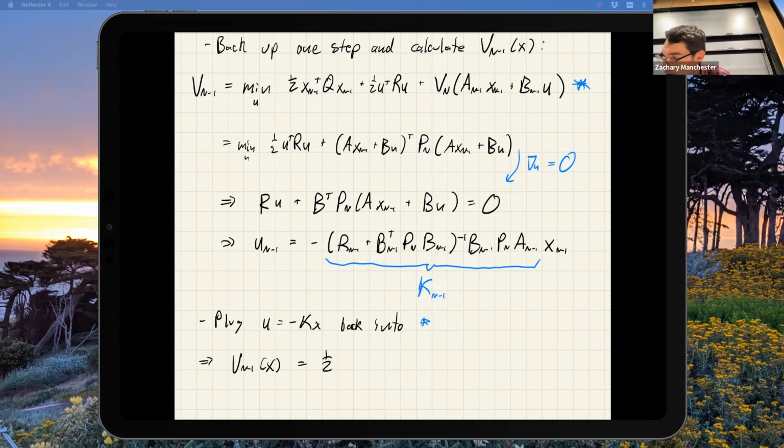Oh, I should write this all out. If I expand this out, I get 1/2 X transpose, and then this big mess that I will write out. Again, I'm being a little loose with the subscripts, but it should be obvious what they are. So you have to go back in and figure them out.